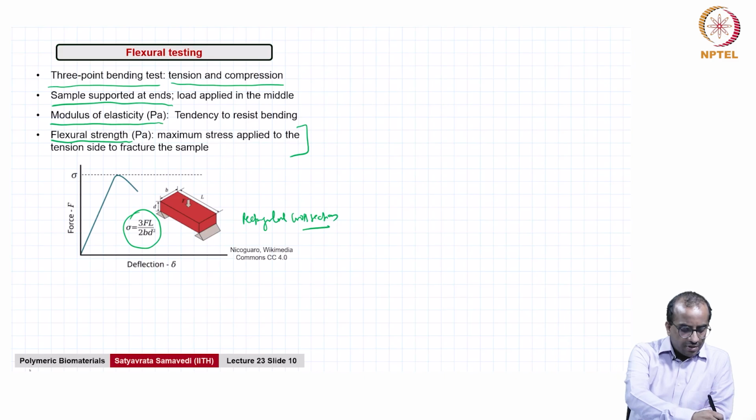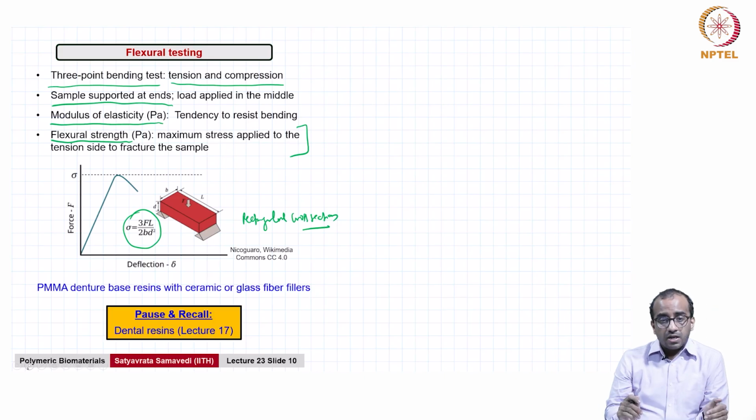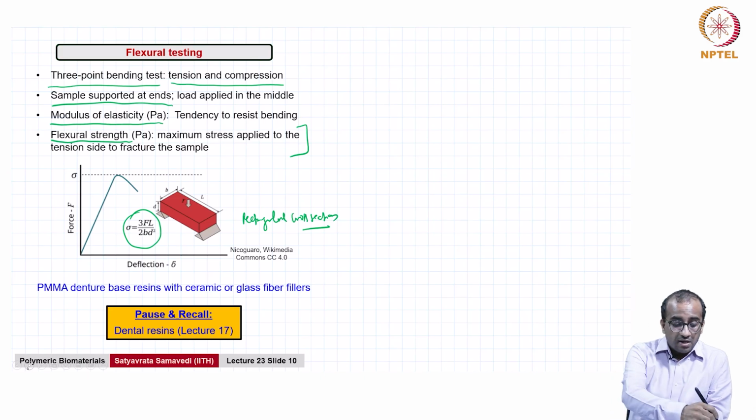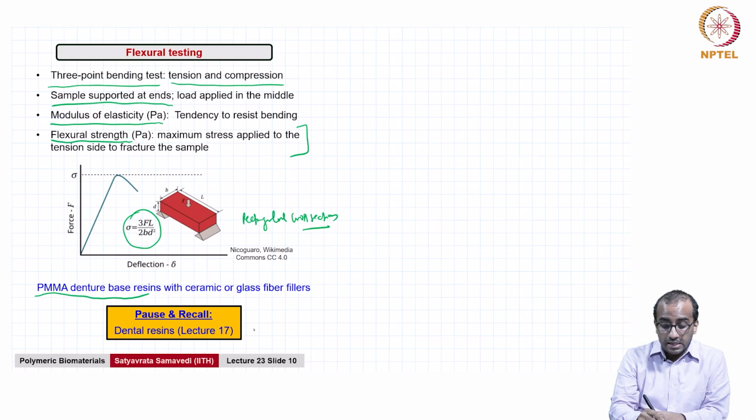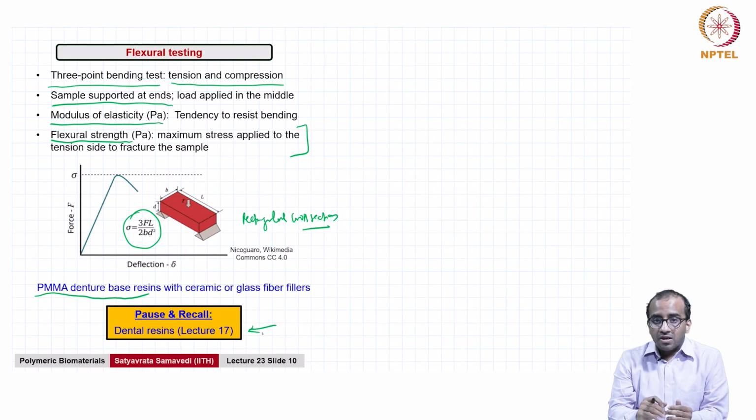And you can think about using such a testing modality for PMMA denture base resins that we have seen in great detail in lecture 17. Now, these kinds of dentures will have a certain flexural strength on their own, but we saw in lecture 17 that fillers are often used, and there we would have said it's to improve the mechanical properties.